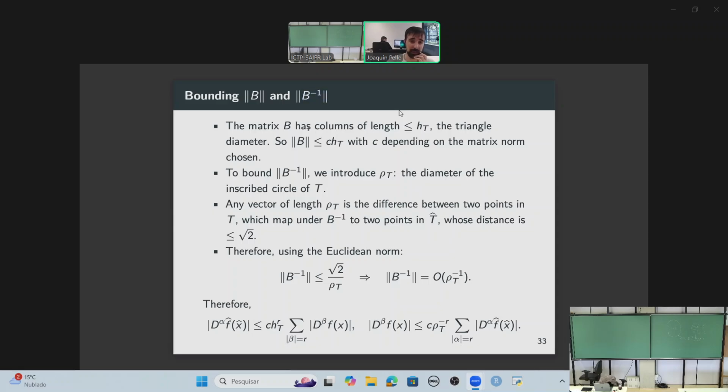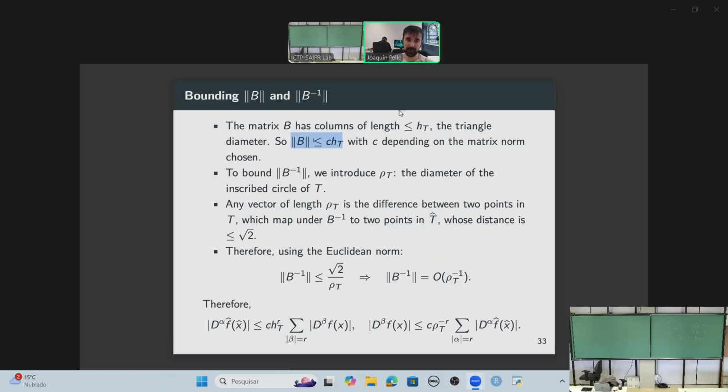So the norm of B is rather straightforward. Essentially, we know that B has as columns the difference of the vertices of the triangle, so they cannot have length longer than h_T. So that norm has to be bounded by h_T, the diameter of the triangle or the length of the longest side. So this simply bounds the norm of B.